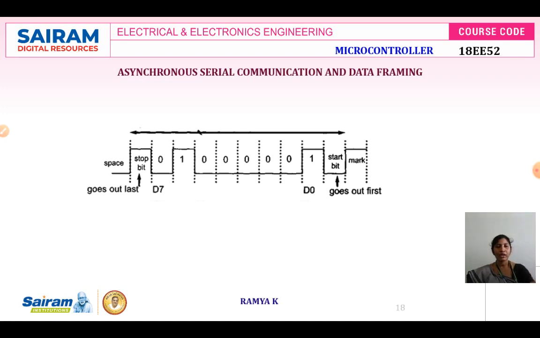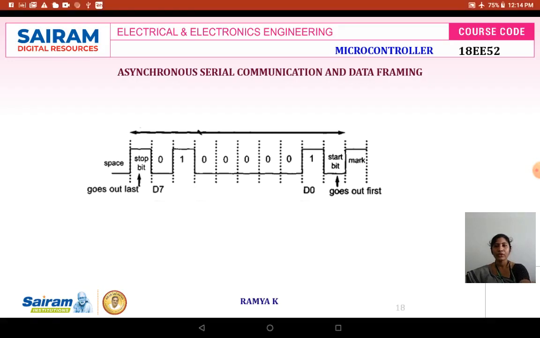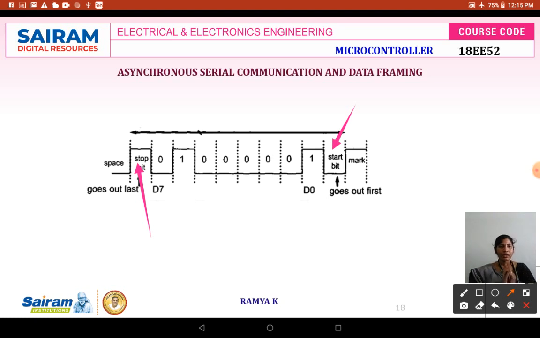In this diagram you can see one stop bit, and you have a start bit. Asynchronous serial data communication is widely used for character oriented data transfer. It can transmit 1 byte of data at a time, while block oriented transfer is preferred in synchronous data transmission.